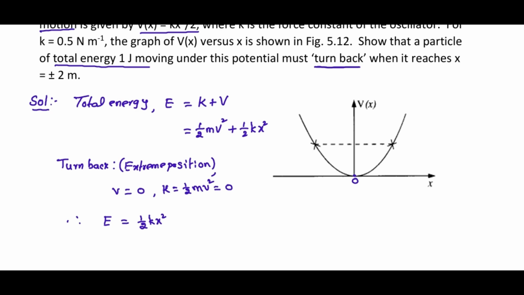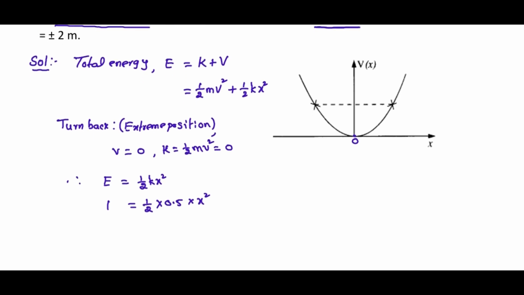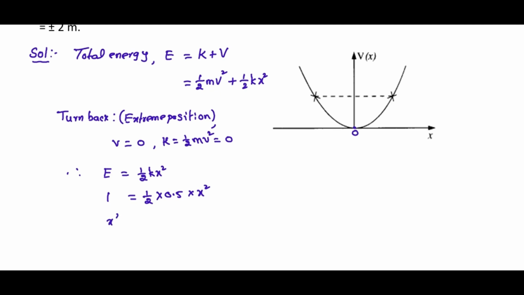From this, 1 joule is equal to half, k value is given as 0.5, into x square. This one will be x square is equal to 4. From this, x is equal to plus or minus 2 meter.